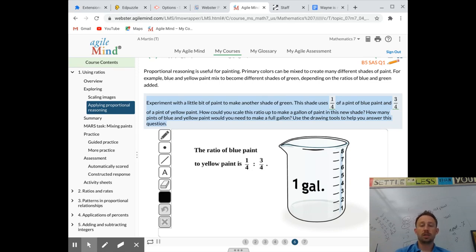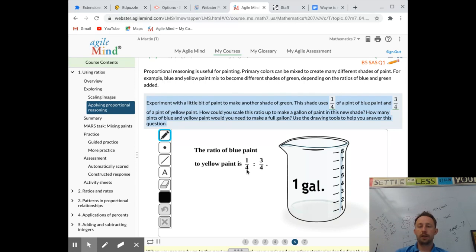And it wants us to scale this ratio up to make a gallon. So in other words, what would I need to do so that this is set up to 8 parts instead of 4 parts? What could I do? 4 times 2? Correct, 4 times 2.